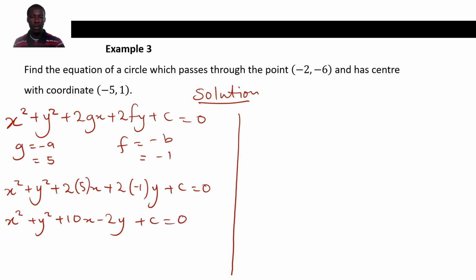So that's x squared plus y squared plus 10x minus 2y plus c is equal to 0. Now, I also know that the point negative 2, negative 6 is a point on the circle. That means the point satisfies the equation of the circle. So I'm going to substitute the point into the equation of the circle, and I'll be able to determine the value of c.